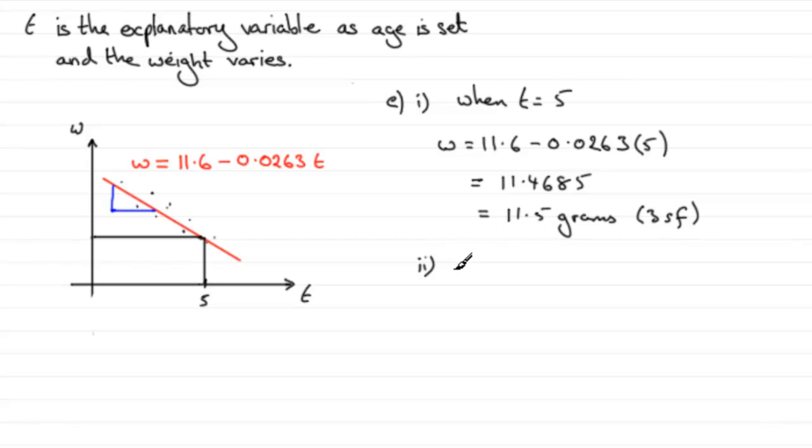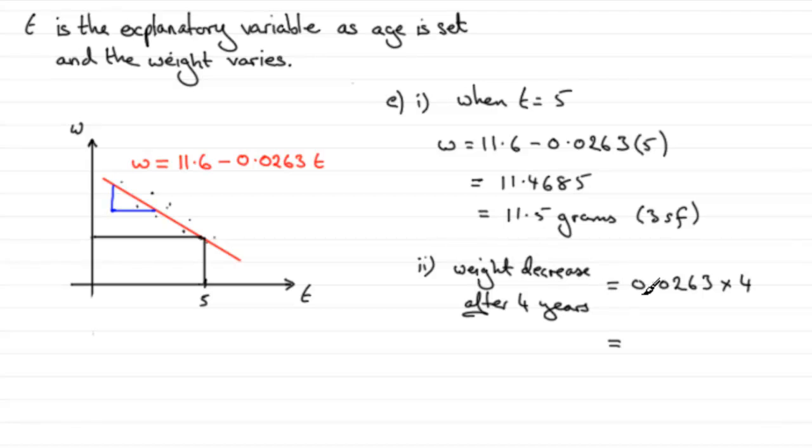So we could say the weight decrease, okay, give a little intro there, the weight decrease after 4 years, okay, is going to equal 0.0263 then multiplied by 4. We don't need the minus because the fact that we've said decrease is suggesting that it is going down.